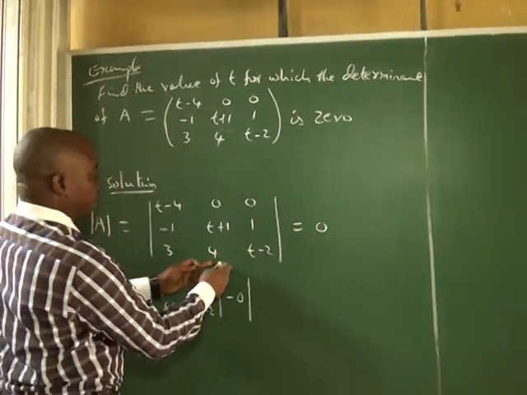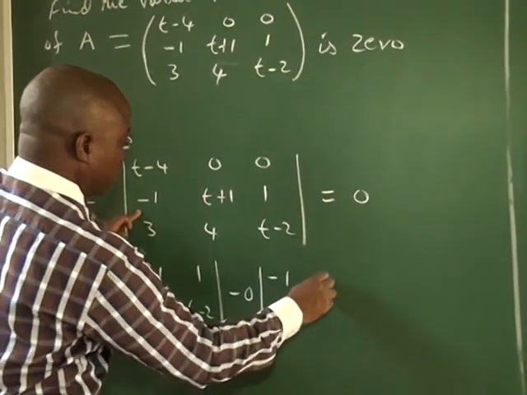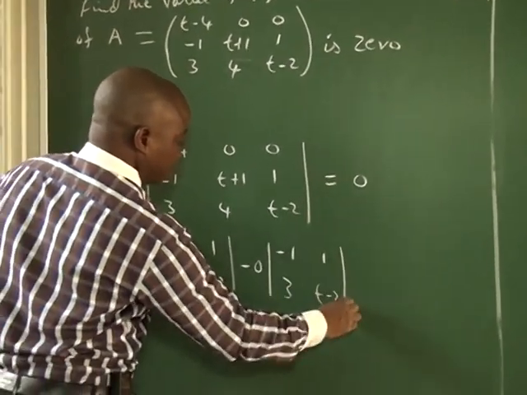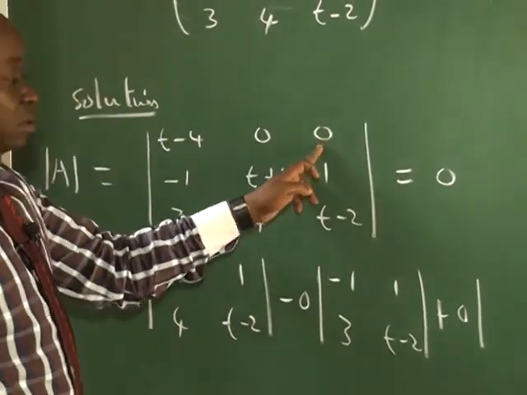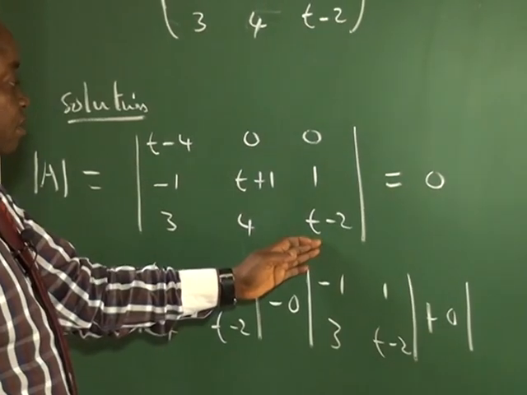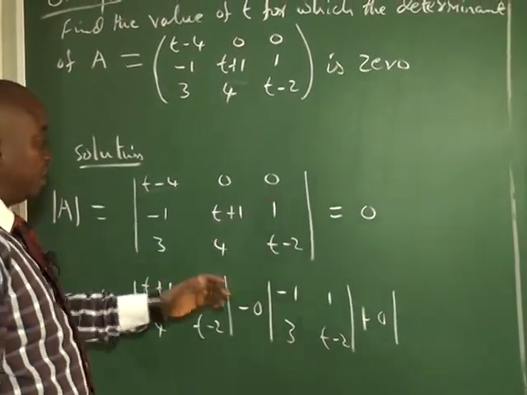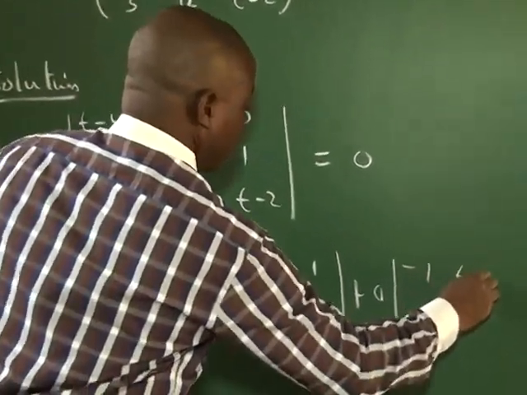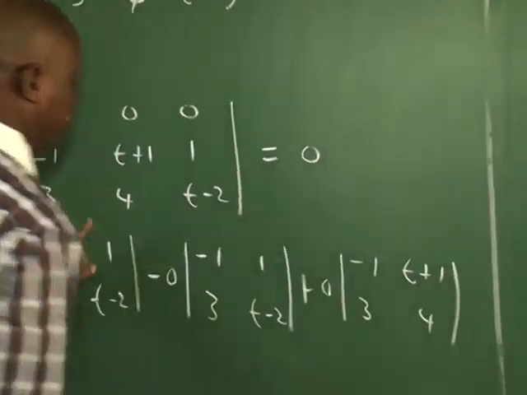Then if we ignore here and these elements, what we have is minus 1, 1, 3, and then t minus 2, plus 0, that is this one. We now ignore this element in the column and the ones in the row of these particular elements. Now what remains here is minus 1, t plus 1, 3, 4.